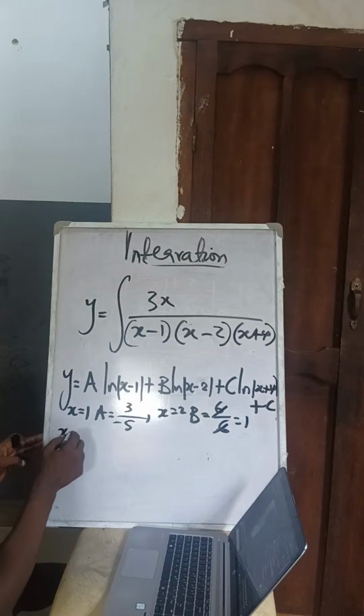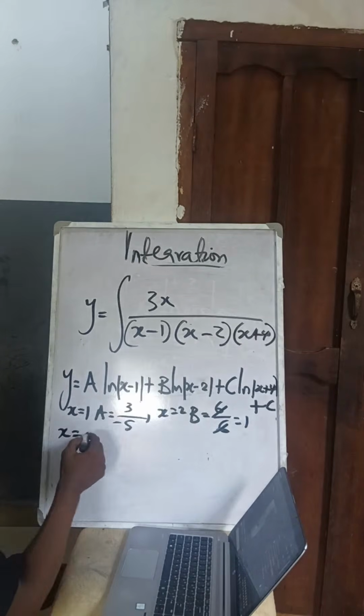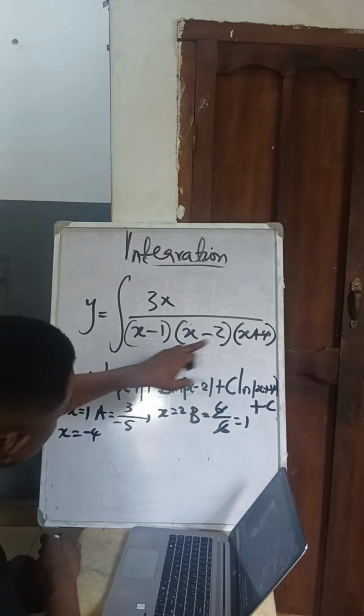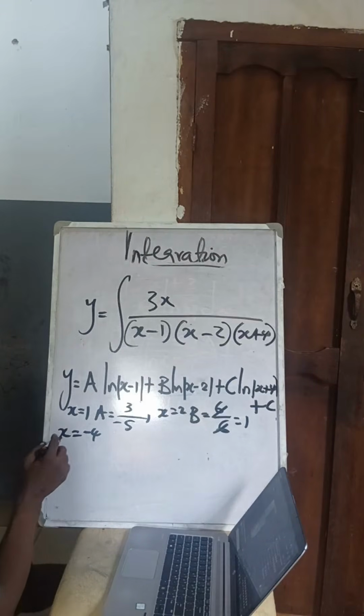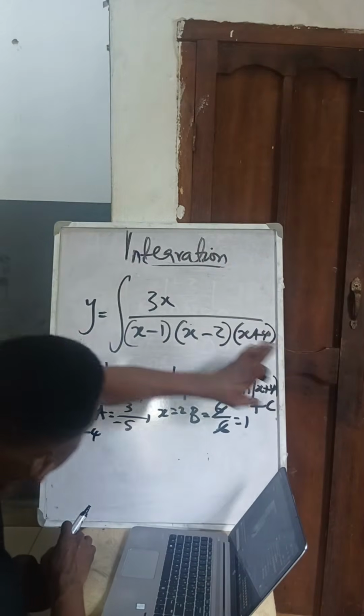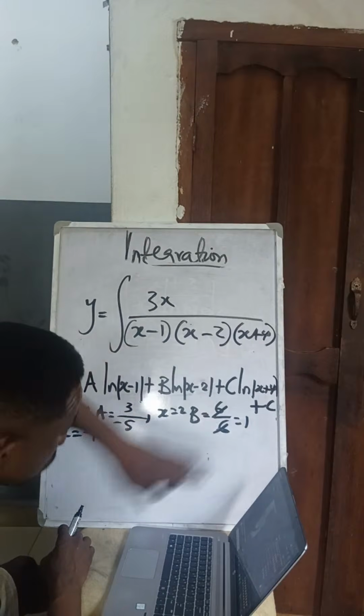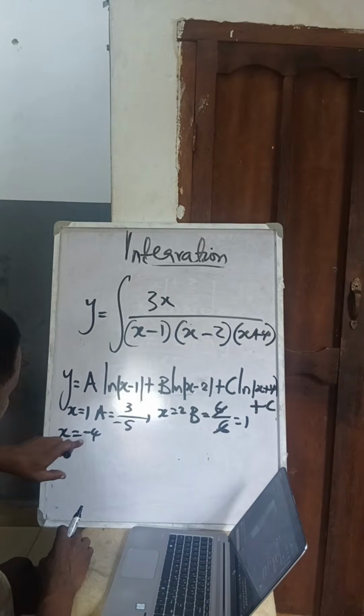Now, when x is equal to minus 4, because if here is plus, whatever you get is minus. If here is minus, whatever you get is plus. So x is equal to minus 4. Take this minus 4, put it everywhere. This is for cubic denominator, so pay attention. So now x is equal to minus 4.